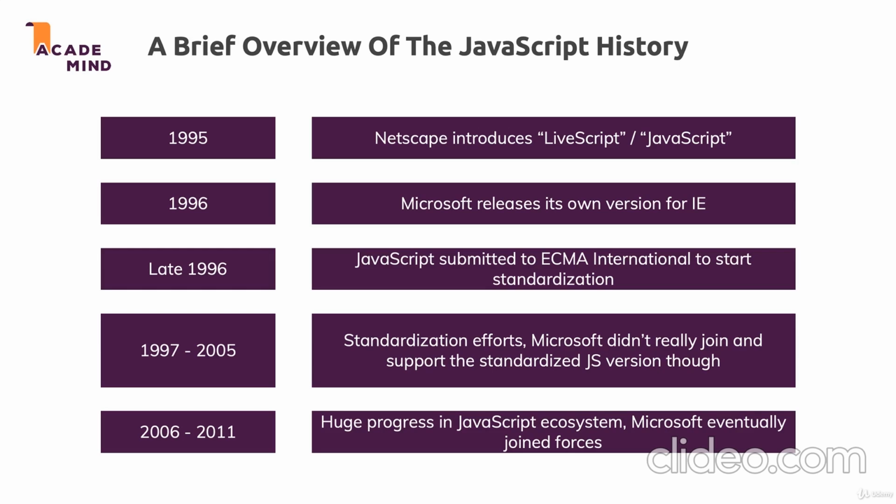And whilst it was quite clunky around 2006 and 2007, and despite standardization, every browser still did its own thing in some regards, we nowadays really have a uniform language with some small differences, but mainly one core language we can use in different browsers.